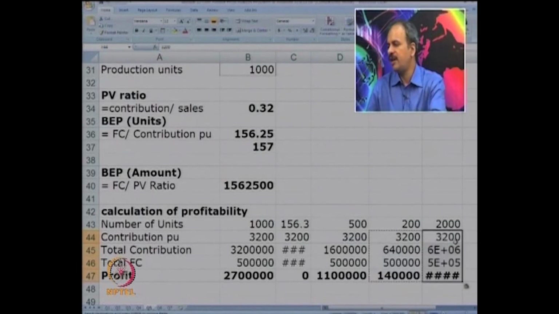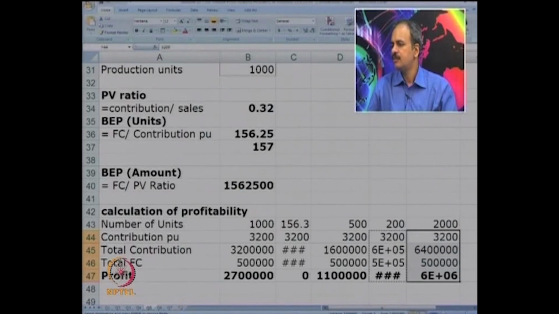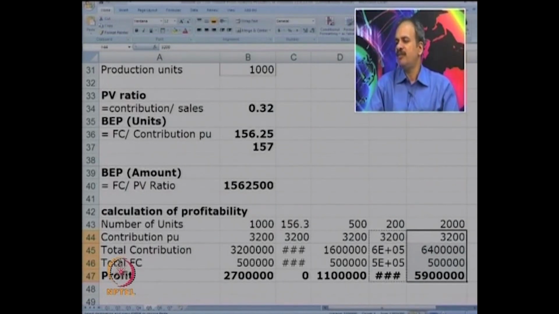What will be the new profitability? I hope it's visible to you all. I'll just make this smaller. So you can see now the profit will become 59 lakhs. With doubling of sales from 1000 to 2000, the profit has also increased. So now we will go for calculation of operating leverage.